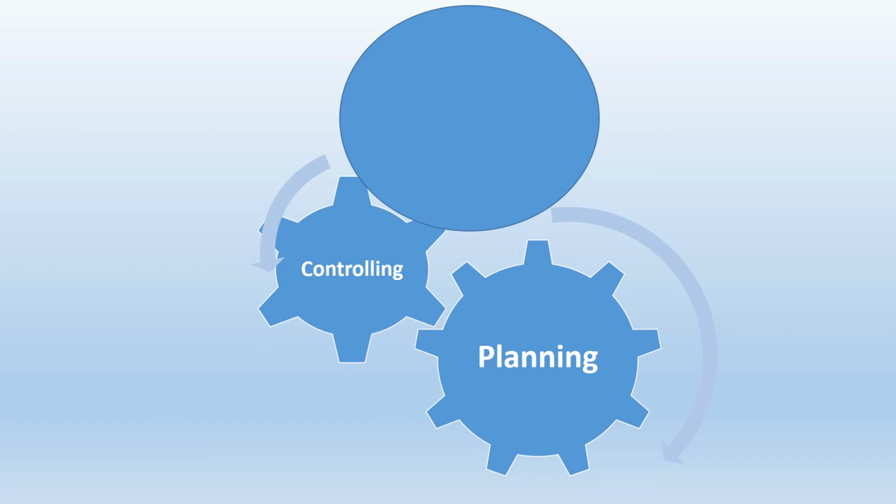Controlling is the managerial activity of monitoring a plan's implementation and taking corrective action as needed. Control is usually achieved with the use of feedback. Feedback is information that can be used to evaluate or correct the steps being taken to implement a plan.